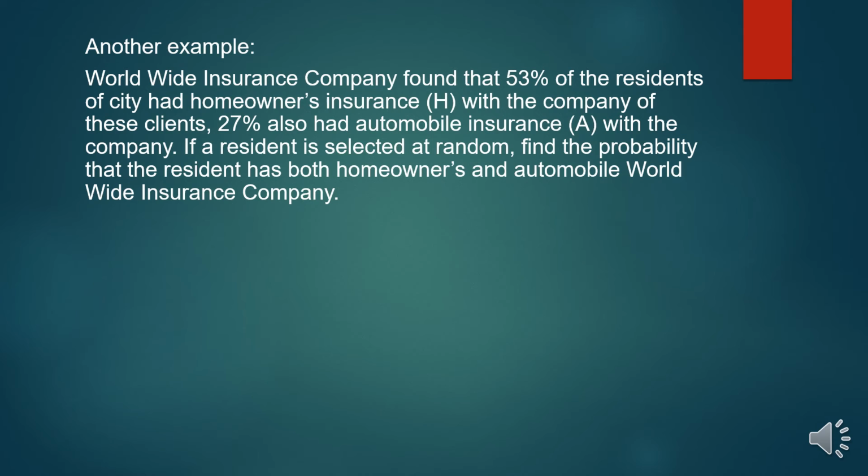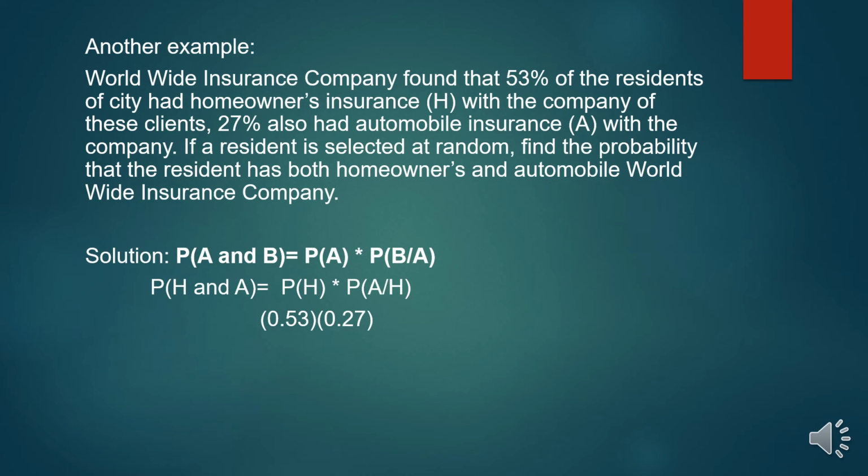If a resident is selected at random, find the probability that the resident has both homeowners and automobile insurance with the Worldwide Insurance Company. By following the formula, the probability of both A and B occurring is the probability of A times the probability of B, given that A has occurred.